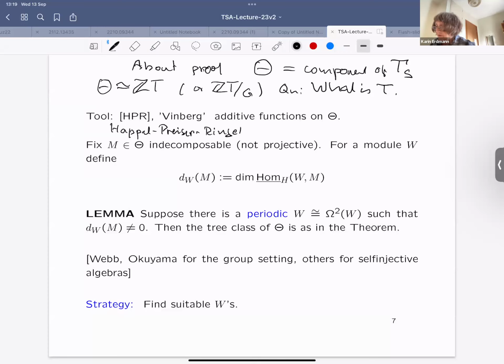And so if we take any module, we can define a stable dimension. So this is a typo. This should be lambda. And this is from lambda, modulo maps which factor through projectives. So we have the space Hom(W, M) stable, projective.